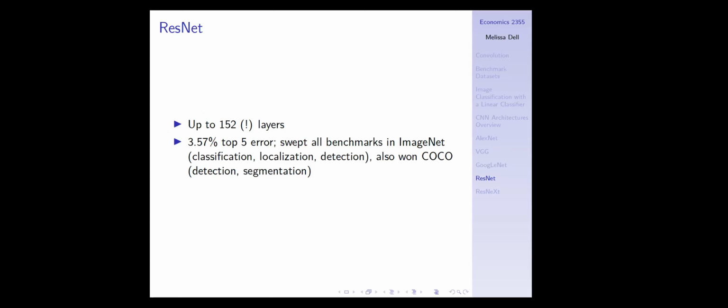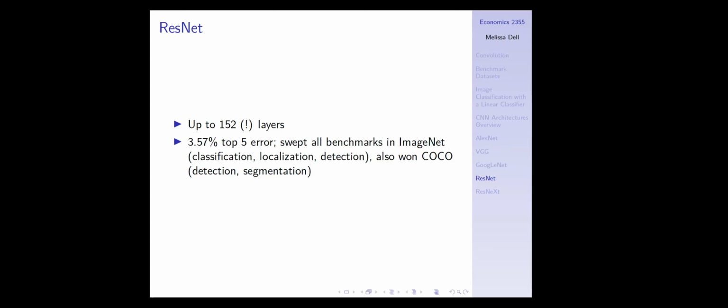So ResNet has up to 152 layers. Remember when GoogleNet came out, it had 22 layers, and that blew people away. And then this totally exceeds that. And it dramatically reduced the top 5 error.